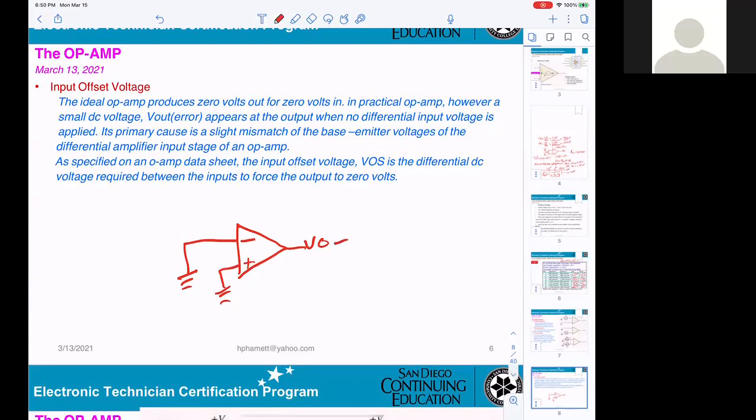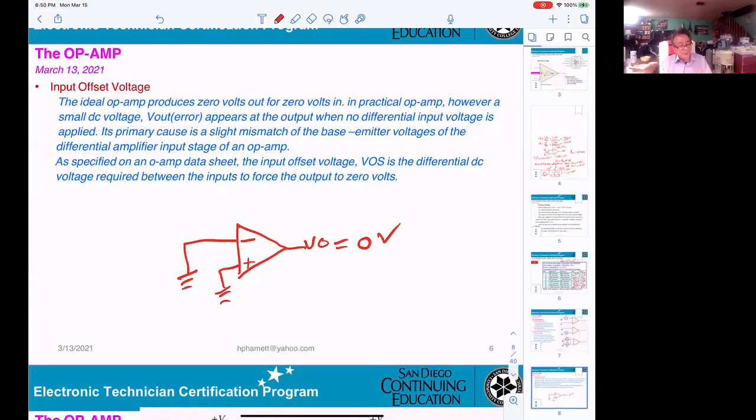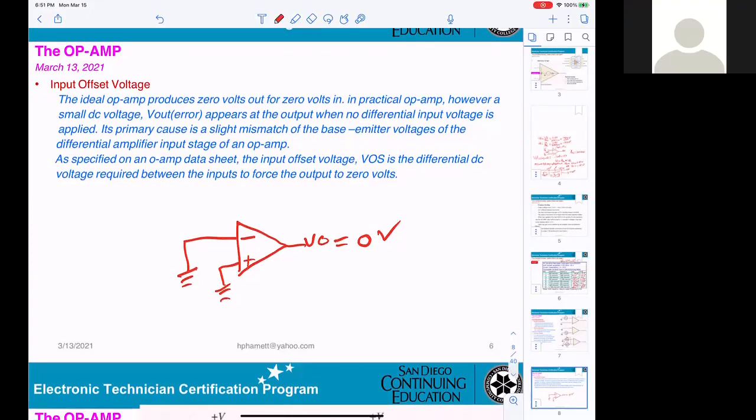Zero, both grounded, with no offset. That's normal. If we connect both inputs to the ground, output is supposed to be zero. However, if it is not zero, that means there is an offset voltage. Like they get 10 millivolt. They are supposed to be zero, but they are not. They get 10 millivolt. That is the offset voltage.